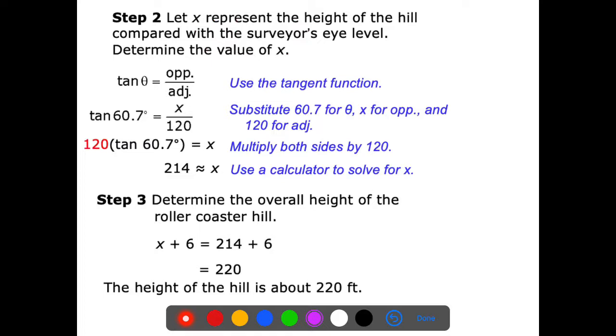And then looking at the triangle, you will put x over 120, and then multiply both sides by 120, and then use a calculator to solve for x, and you will get 214. And then to determine the overall height of the roller coaster, since the person's eye level was 6 feet above the ground, you need to add 6 to 214, which gives you about 220 feet.